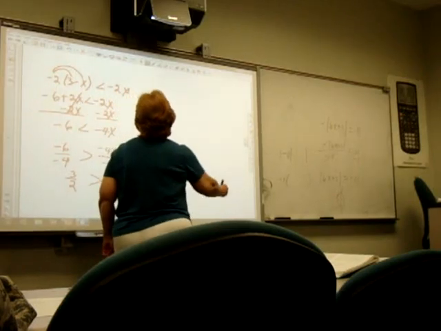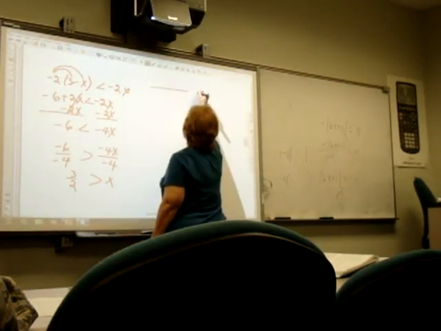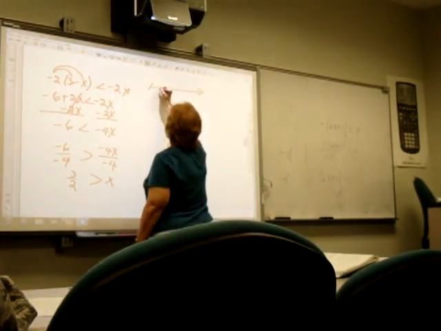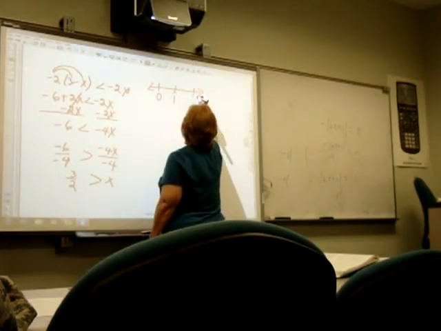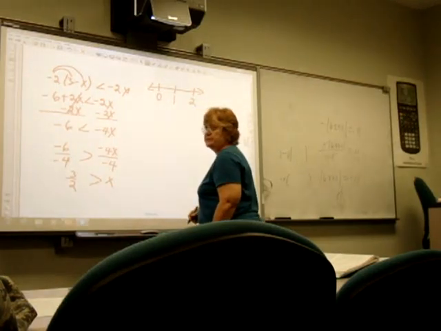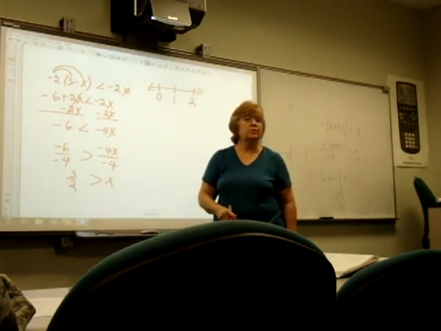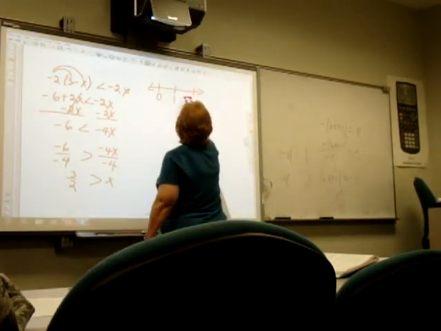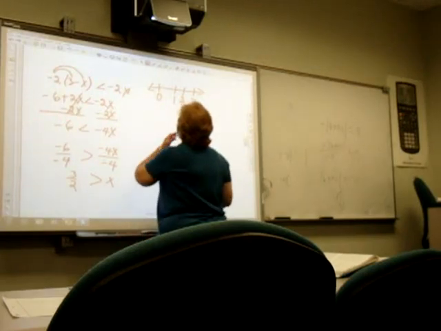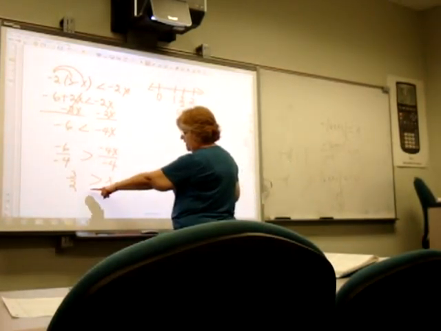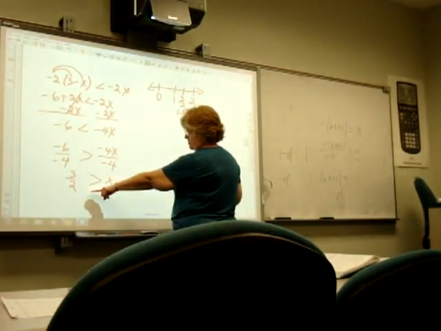So when you look at it on your number line, where's 3/2? Between 1 and 2. Okay, so we'll make a mark here and call that our 3/2, or if you want to label it 1.5, that's good too. Now, do we include the 3/2?